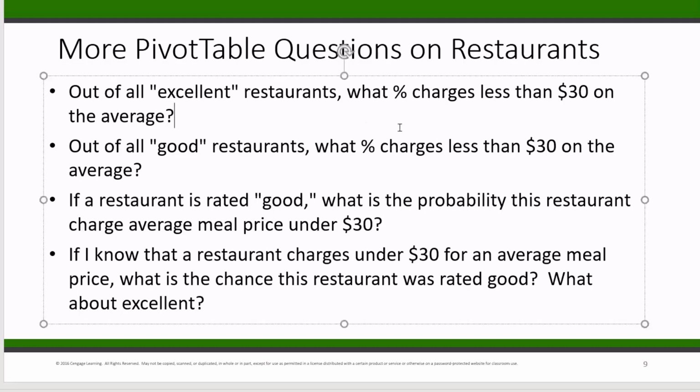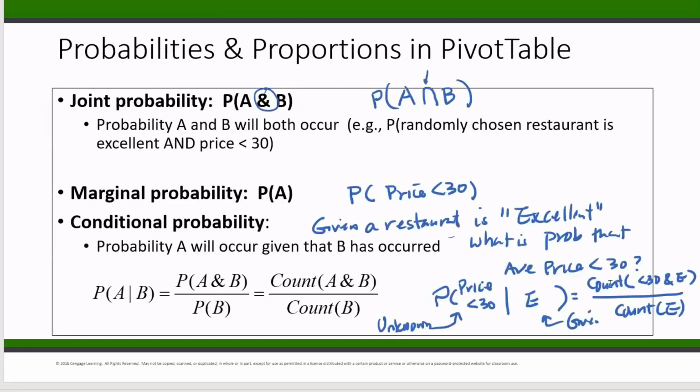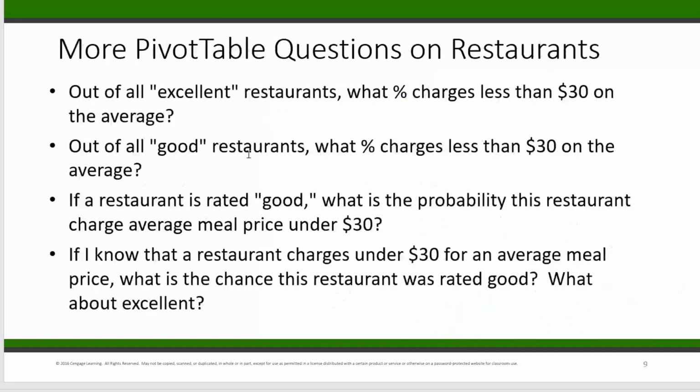So this one, actually, I already wrote it here. So this is what we need to do. Given excellent restaurant, what percent charges under $30? So it's the same as we did with probability, right? So we just count.